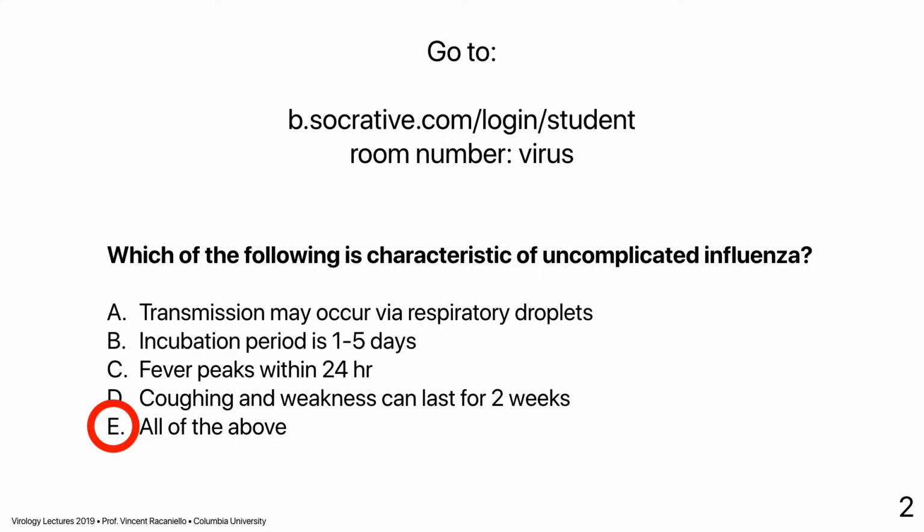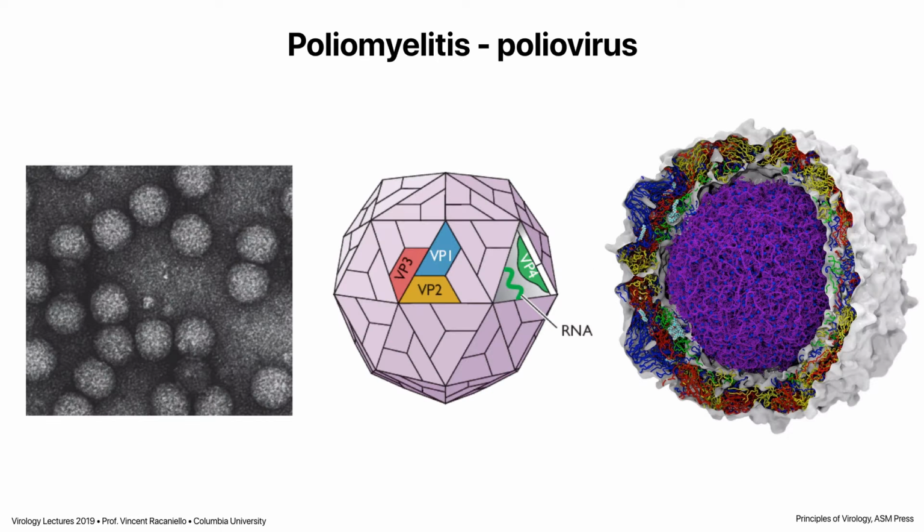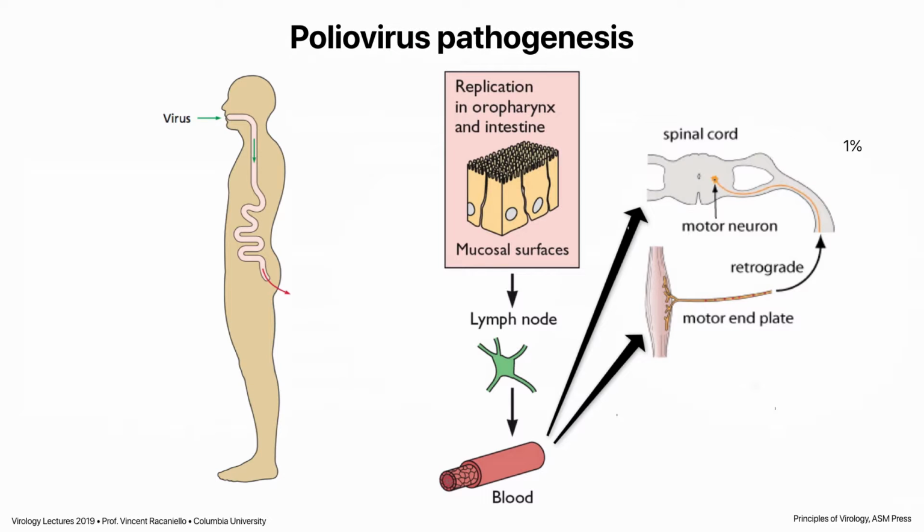Everything is correct. Okay, our next acute infection is poliovirus and poliomyelitis. We've talked about polio as a model virus: small, spherical, non-enveloped icosahedral particle, with an RNA genome of plus stranded polarity. It's the virus I spent most of my career working on.